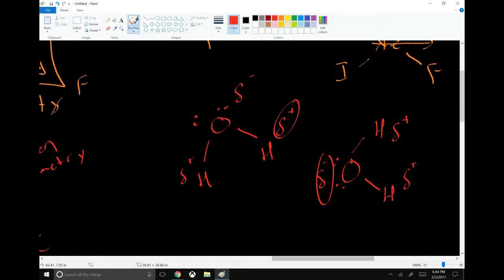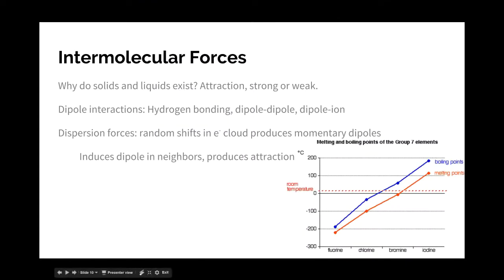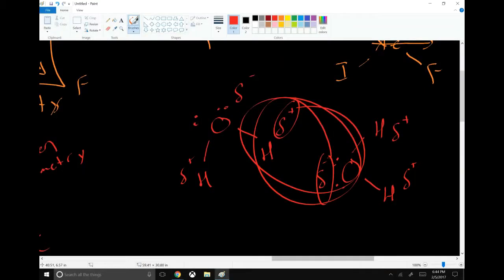Water has a very, very high boiling point for its size because of the strength of this interaction. So in fact, we can look at various kinds of non-bonding interactions, as they're called, and compare them to one another. What I just showed you was an example of a dipole interaction, specifically a hydrogen bonding interaction.